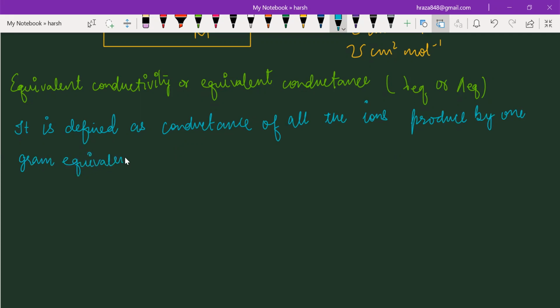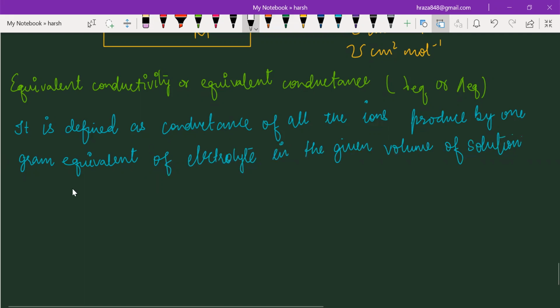Since we are talking about equivalent, in the previous one it was molar conductivity in 1 mole of electrolyte.